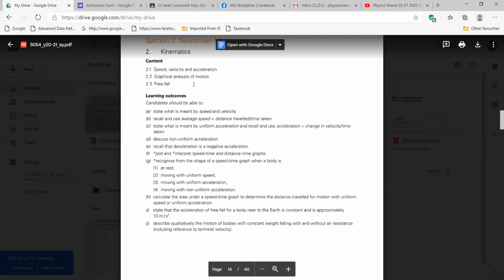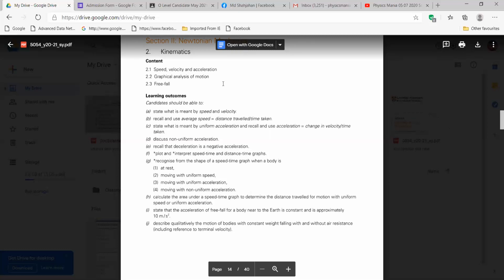Then graphical analysis of motion, that means you will get a distance time graph and a speed time graph. From the distance time graph shape, we can understand whether the object is moving with constant speed, or it's accelerating, or it is stopped. And from the speed time graph, we will understand acceleration, deceleration, constant speed.